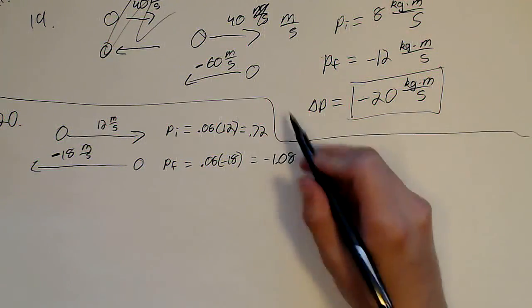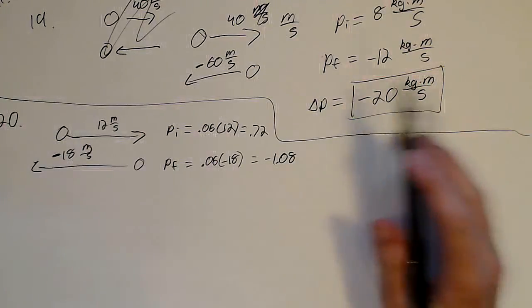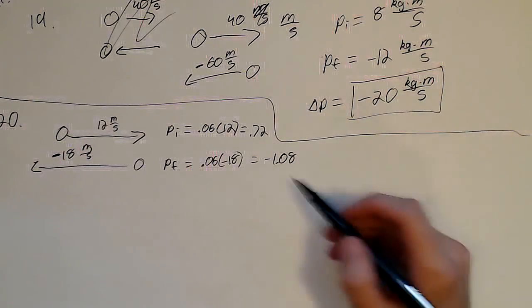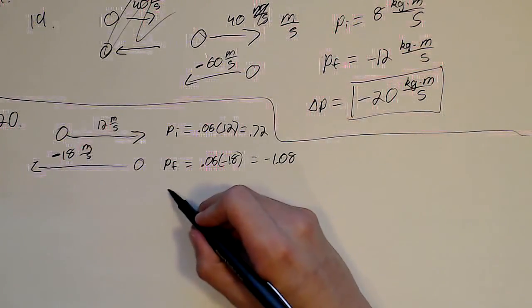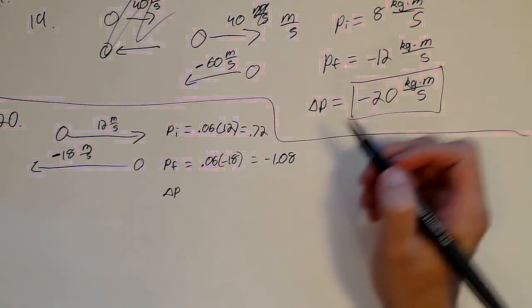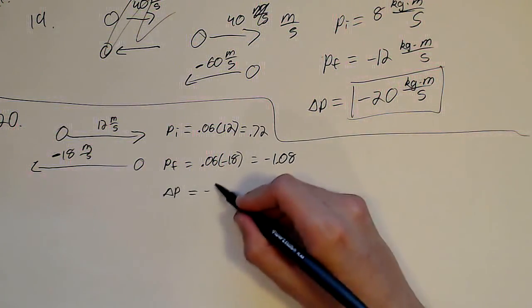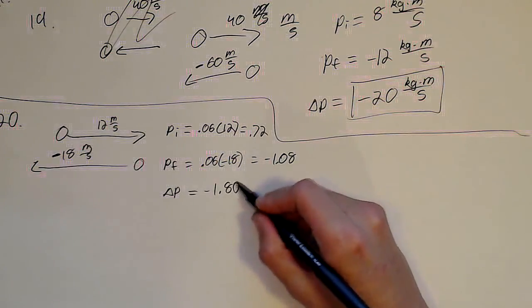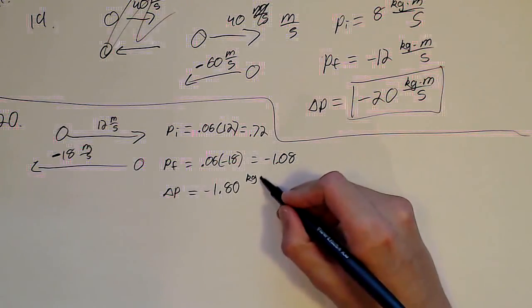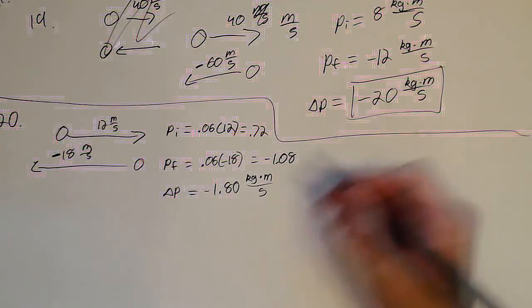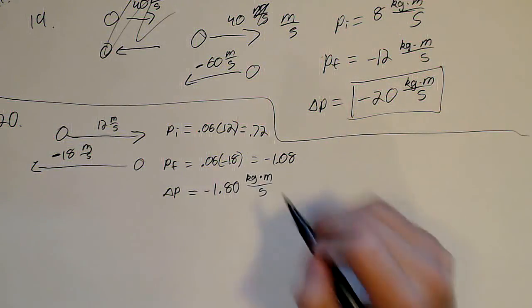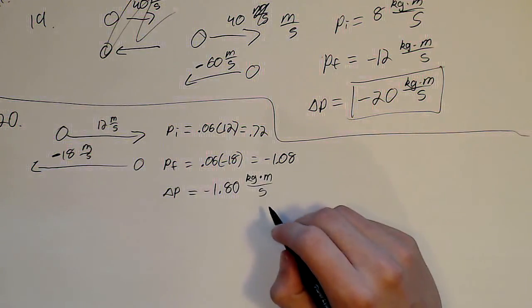These are both kilogram meters per second, but I kind of ran out of room. The difference in these two is your change in momentum. So you take final minus initial, and you get negative 1.80 kilogram meters per second. They need to make a unit for this, because I don't want to write this every time.